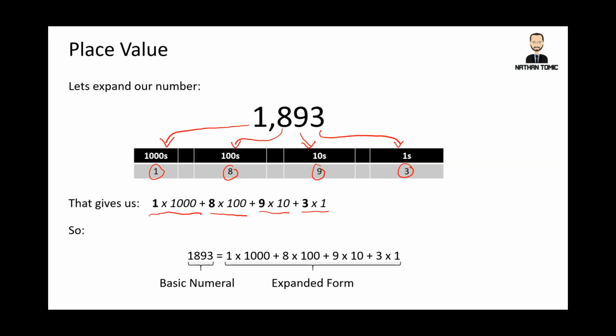So we have 1 times 1000, plus 8 times 100, plus 9 times 10, plus 3 times 1. Of course, that would give us the same number, 1893. So when we have the number like we're used to, we call it the basic numeral. And when we expand it out, we call this the expanded form.